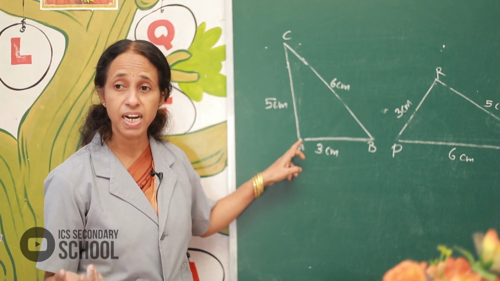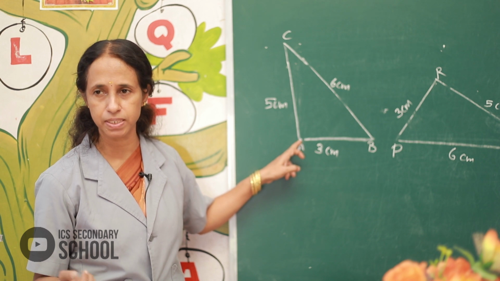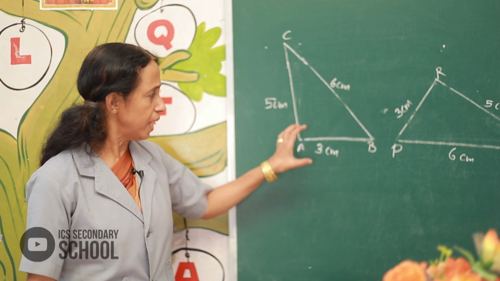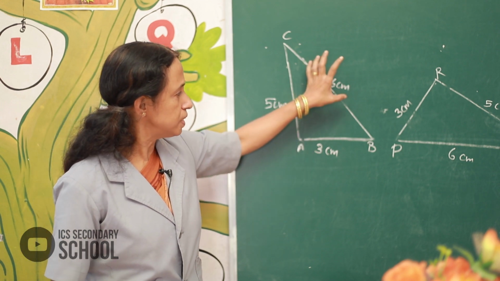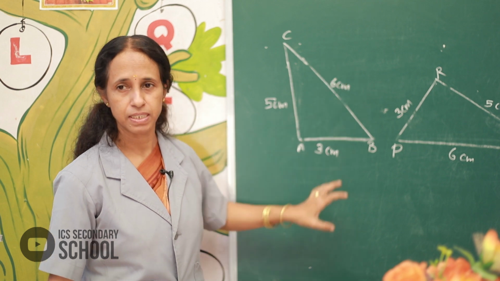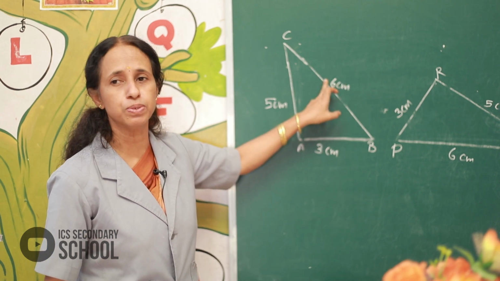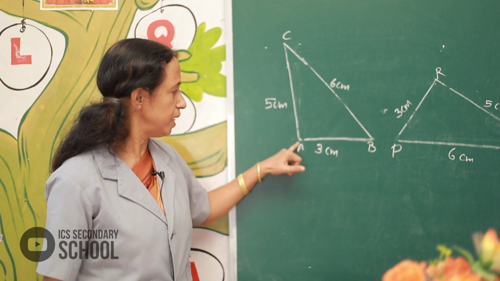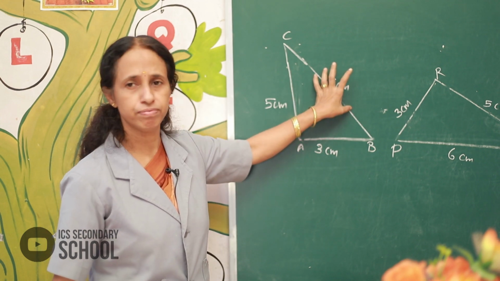Tell the answer. We know that angle A is the largest angle of triangle ABC. Angle A is the opposite angle of side BC. The length of BC is equal to 6 centimeter.